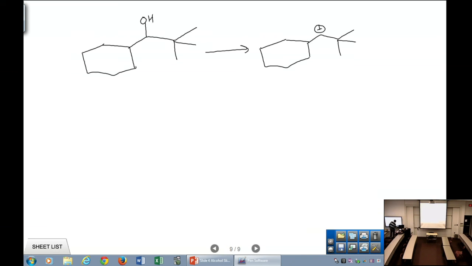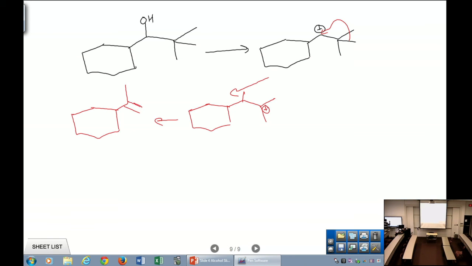You can move a methyl and get a carbocation here, and then that will do your elimination to give you that.